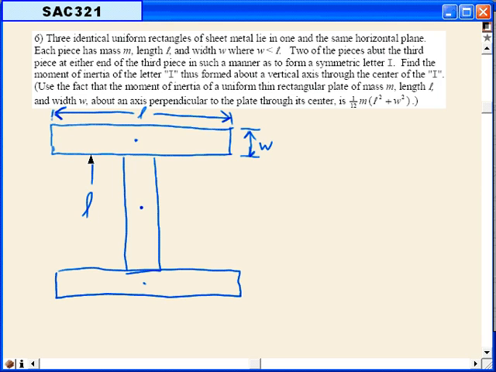So distance L up from there to there, and also this distance is W.